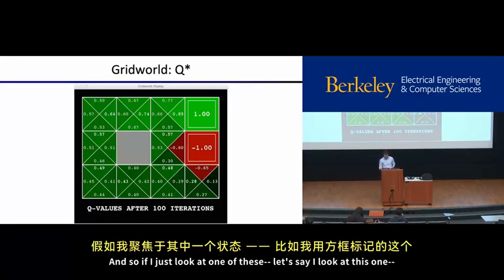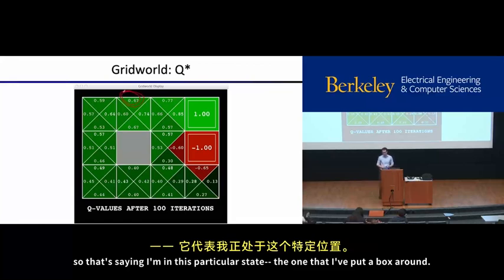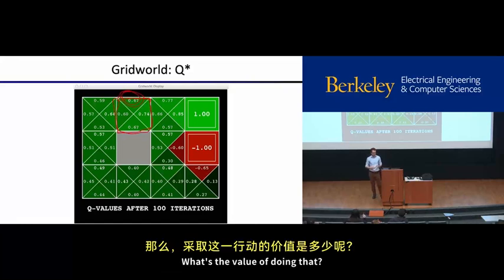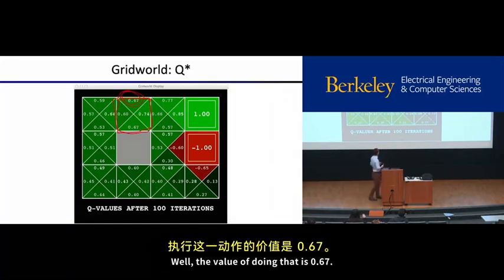If I just look at one of these, let's say this one, that's saying I'm in this particular state, the one that I've put a box around, and I decide to go north from that state. What's the value of doing that? Well, the value of doing that is 0.67.